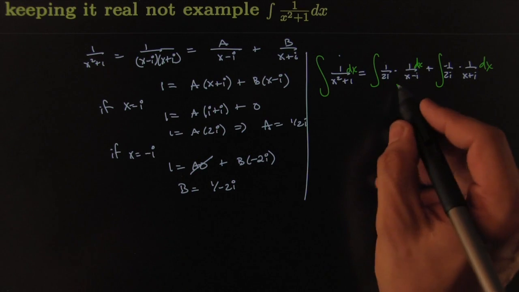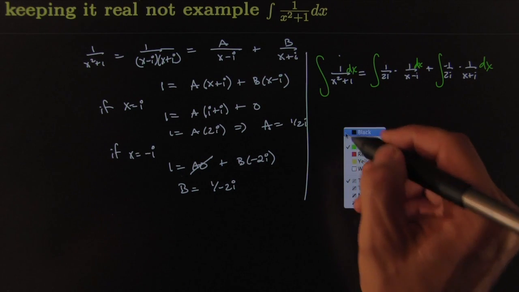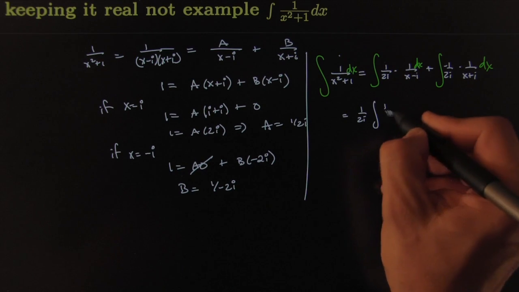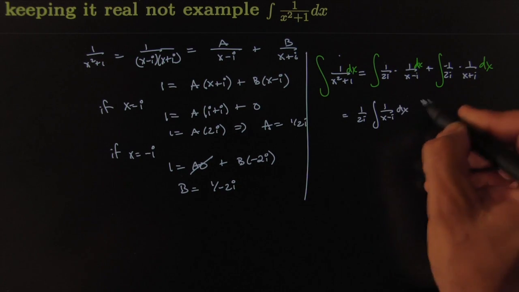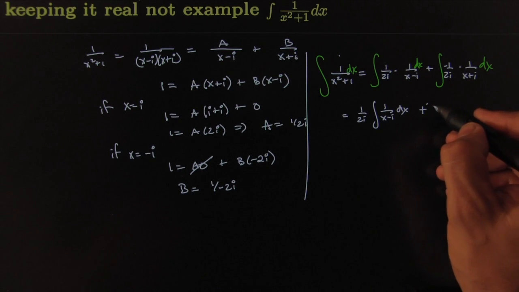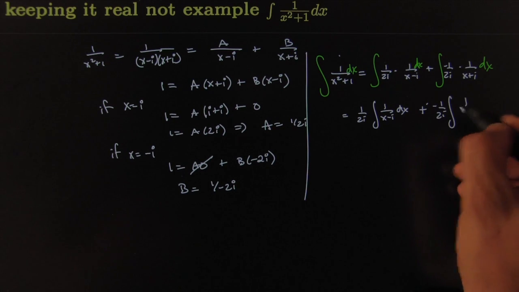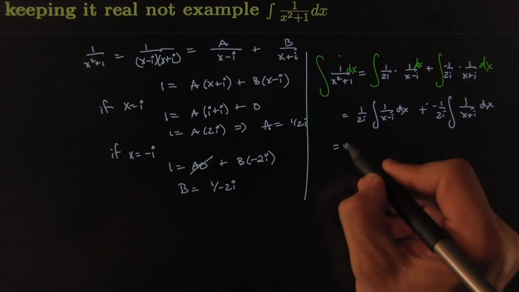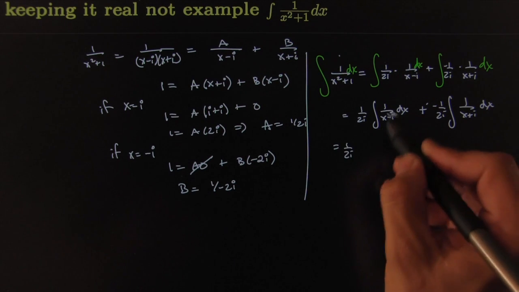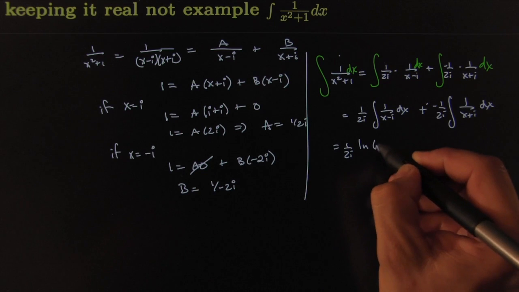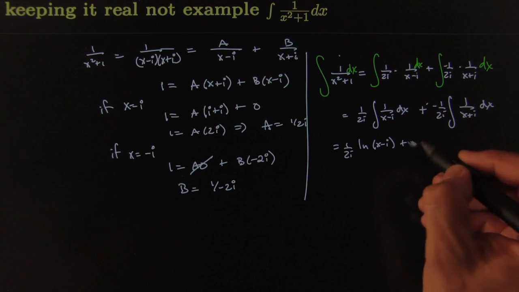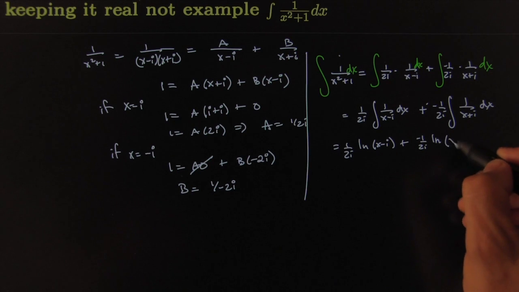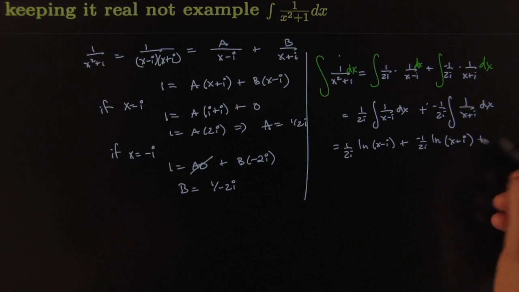And of course these are really easy. Look, I could do this in my head. Integral of 1 over x minus i dx plus -1 over 2i integral of 1 over x plus i. I could do this in my sleep now. 1 over 2i, this would be a log function, ln of x minus i, plus -1 over 2i log of x plus i, plus a constant.